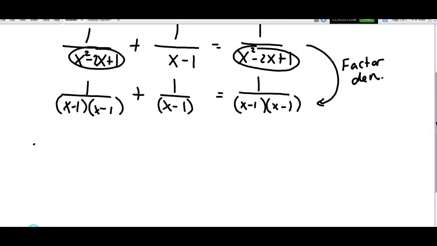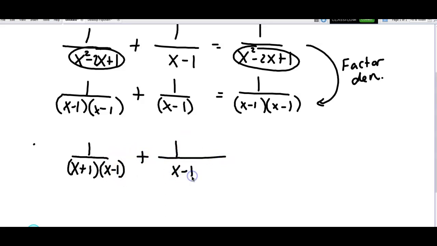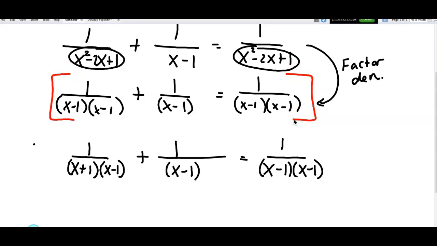All right. At this point, let's rewrite the problem. But we're going to make some changes on it. All right, what do I want to multiply by to cancel out the bottoms here?